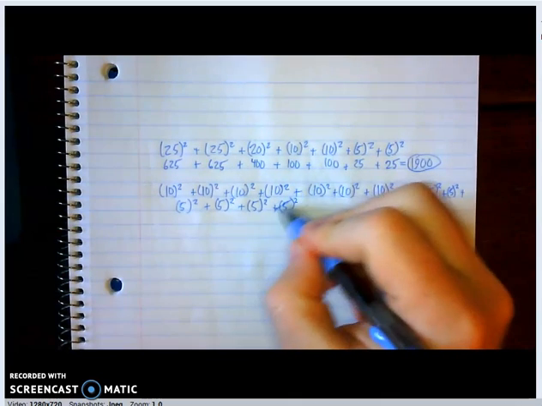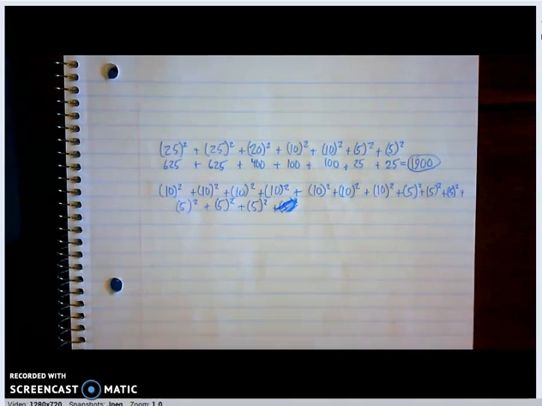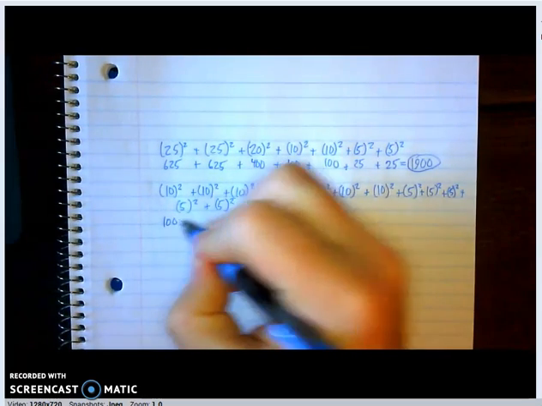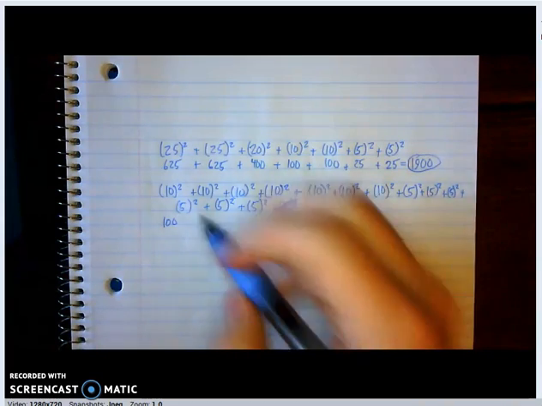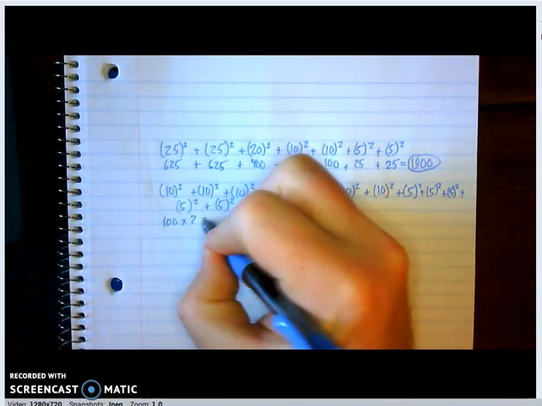Actually, wait, sorry, that's 10 5. So there we go. If I added all that together, this would be 100, 1, 2, 3, 4, 5, 6, 7. So it'd be 100 times 7, so that's 700.